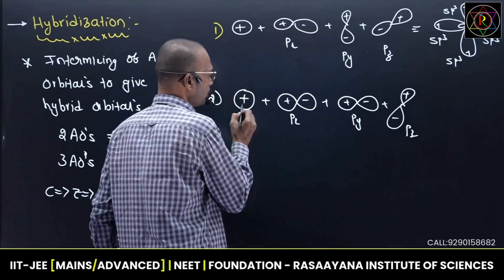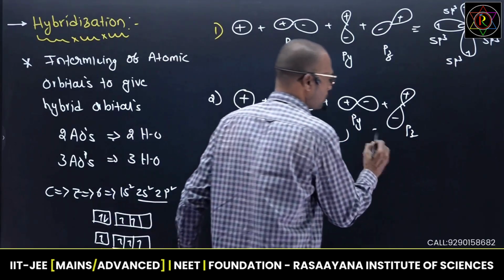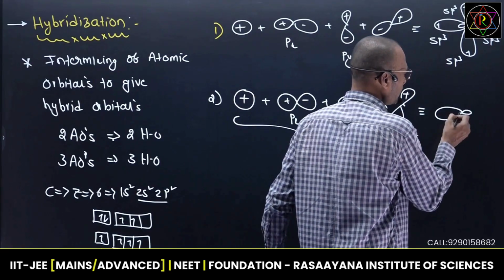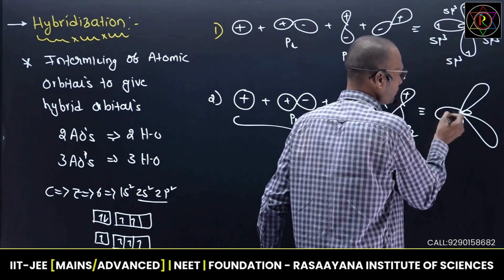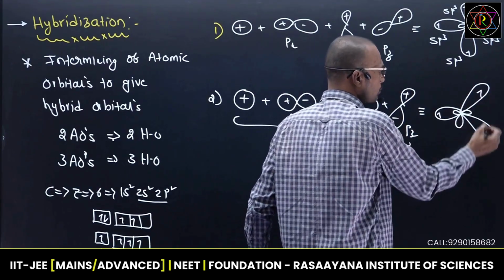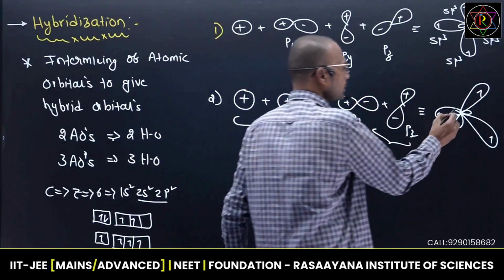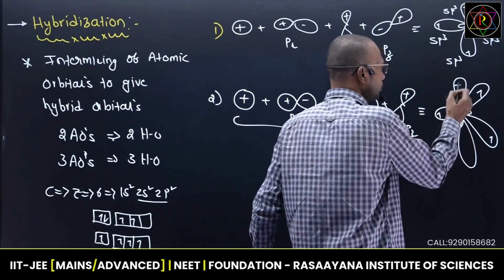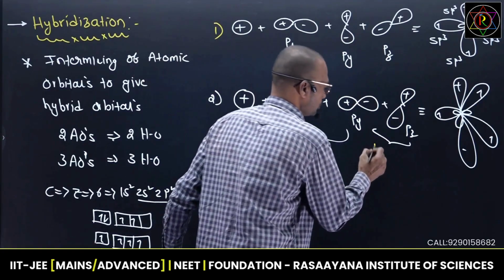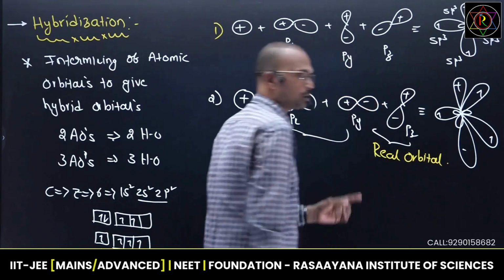So one s orbital and 2 p orbitals are contributing, and this one is not involved in hybridization. So you will get only 3 hybrid orbitals with 3 electrons. This orbital not involved in hybridization is a real orbital, with plus and minus lobes. It is also called an unhybrid orbital.